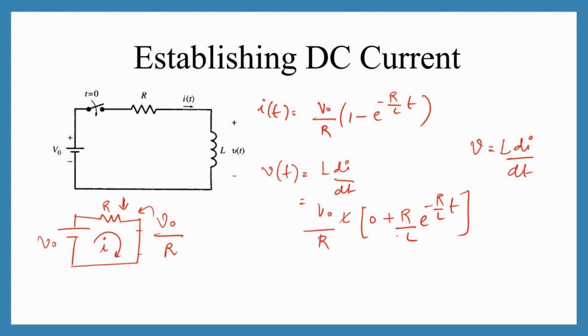Now this L and R cancel out, and I get V naught e power minus R by L into t, where the time constant tau is L by R.